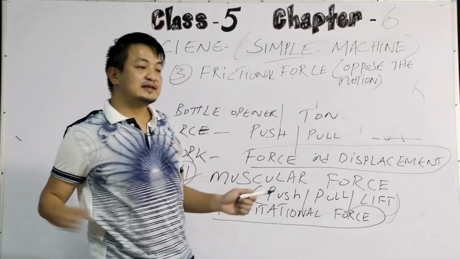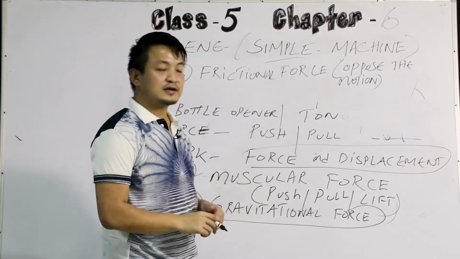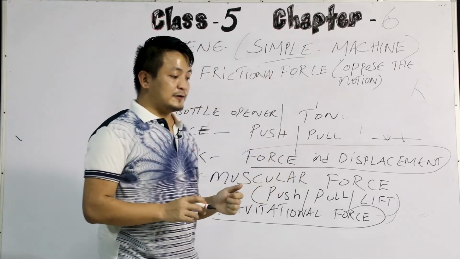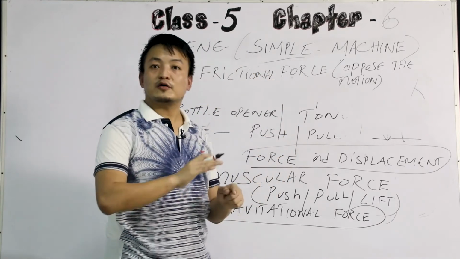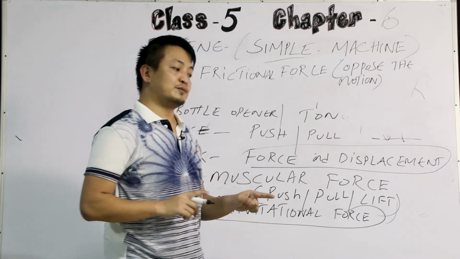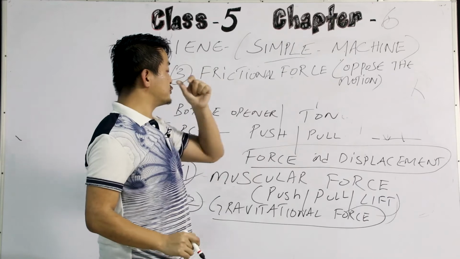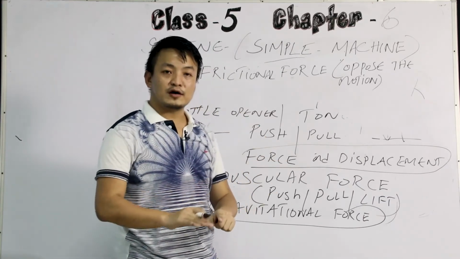Motion means anything running, anything moving. You will find this type of force between your shoe and the ground whenever you are walking. Suppose you are walking, you will find frictional force between your shoe and the ground.